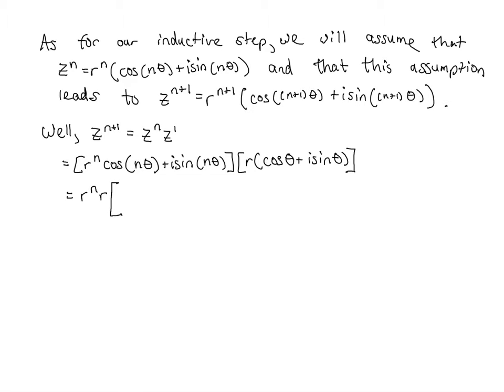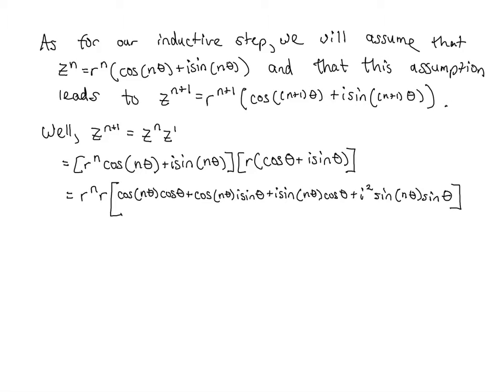And then multiplying out the inside, you get cosine of n theta cosine theta, plus cosine of n theta i sine of theta, plus i sine of n theta cosine of theta, plus i squared sine of n theta sine of theta. So it's looking really disgusting now, but we're going to make this look a lot better.